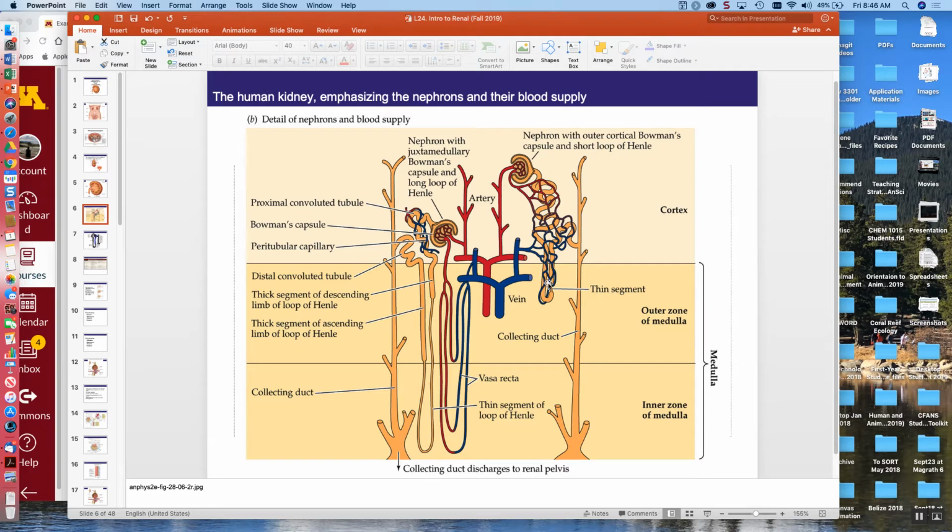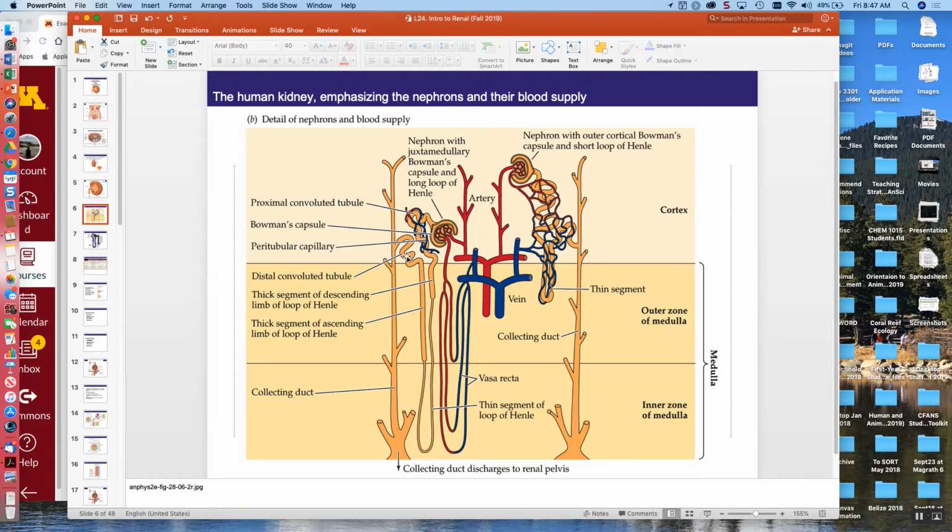It really doesn't go in the medullary region. And then it's delivered into the common collecting duct. You can see lots of nephron actually dump their urine into this collecting duct. And then it's delivered into the renal pelvis, right? The minor calyx, the major calyx, and then the renal pelvis. So this is one nephron right here.